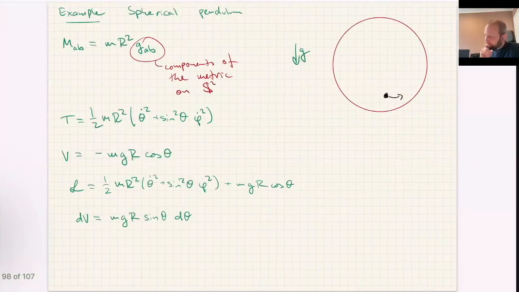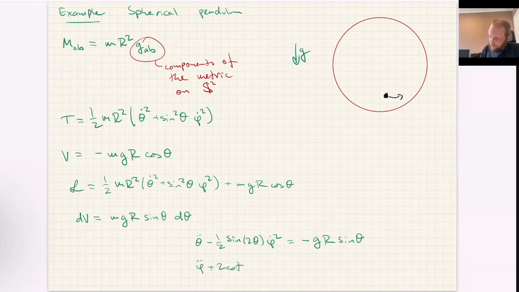If I do that, essentially what I get is theta double dot minus 1/2 sine 2 theta phi dot squared, that's equal to minus g over r sine theta, and phi double dot plus 2 cotangent theta phi dot theta dot, that's equal to 0.